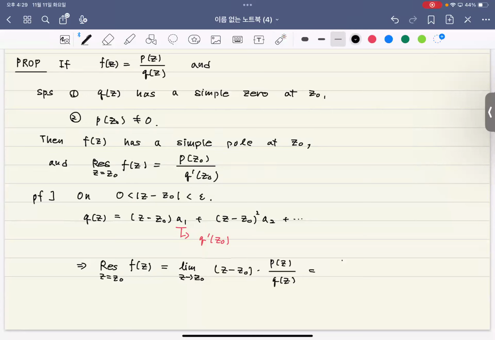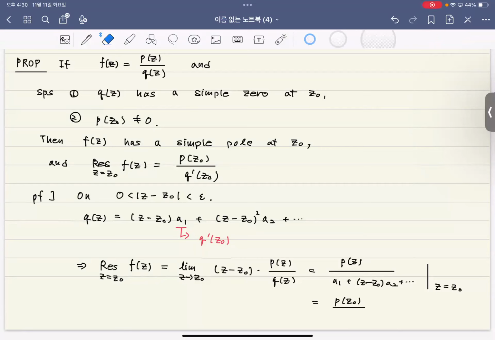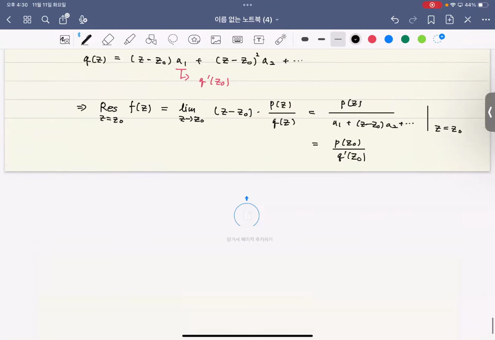So this is just p of z divided by a1 plus z minus z0 times a2, and so on. So p of z0 over a1. But we already know that a1 equals q prime of z0. Okay, so this proves the statement.